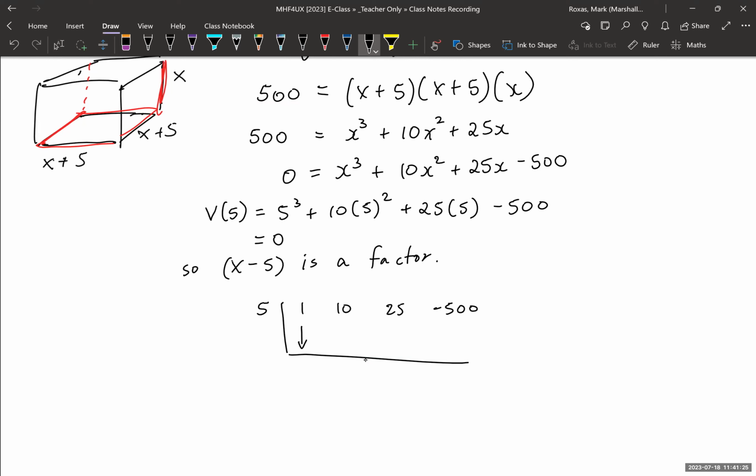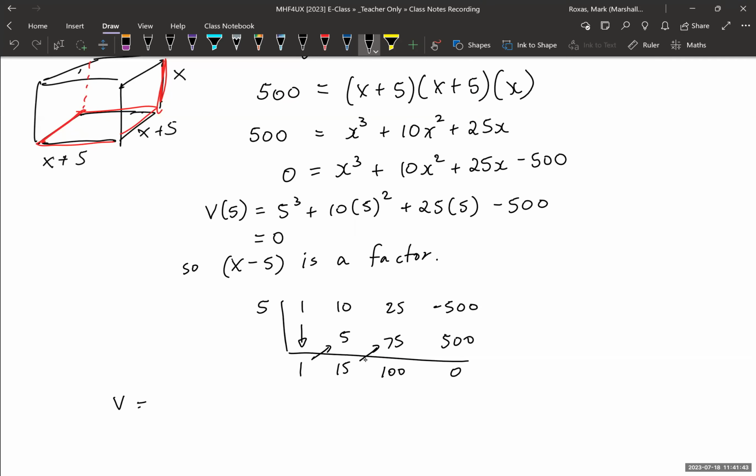Carrying out the steps of our synthetic division, we're going to see that we have a quadratic quotient. 15 times 5 is 75, 25 plus 75 is 100, and then we have 500, and then 0. So here we have the volume of our box equal to x minus 5 times x squared plus 15x plus 100.